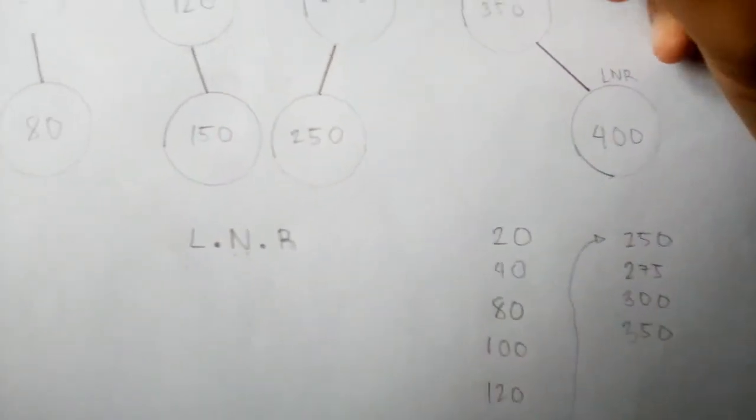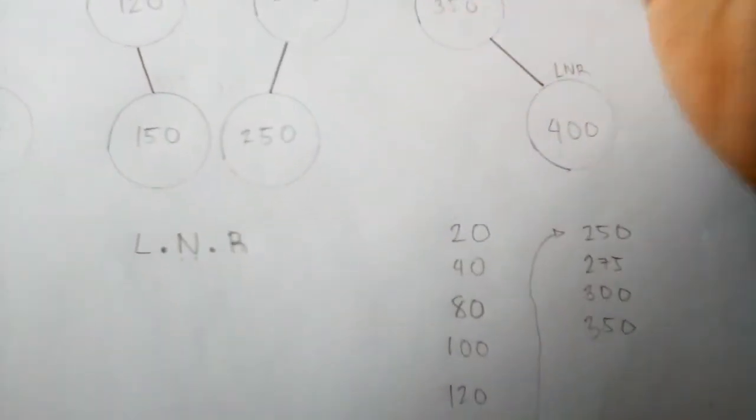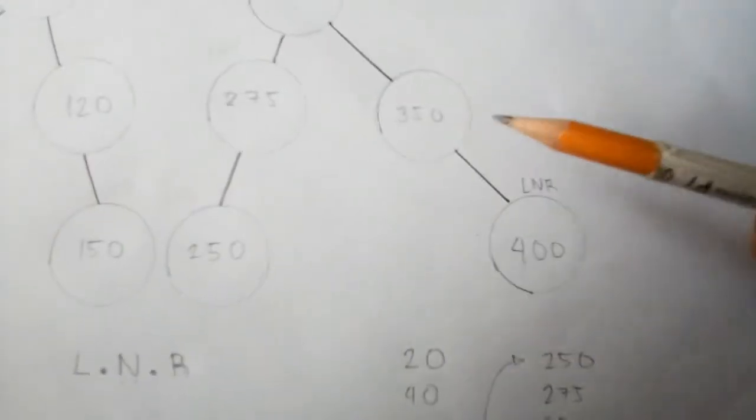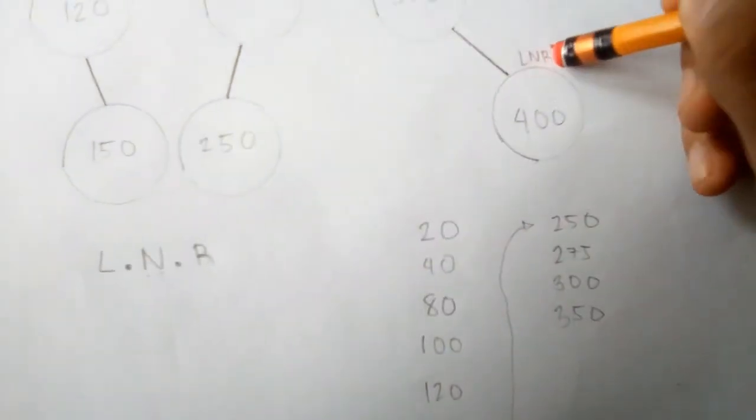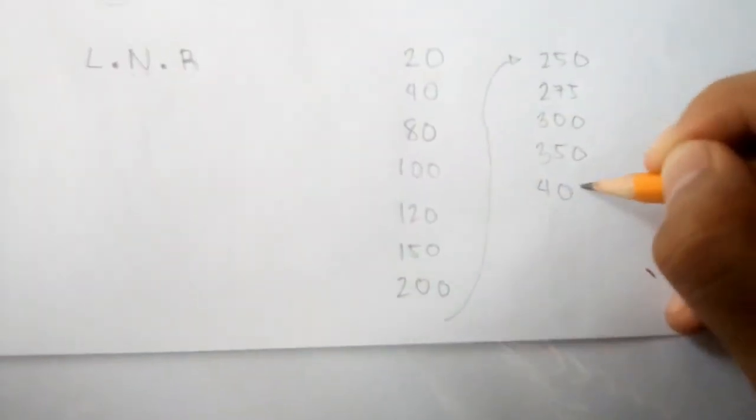Deleting R, the only value left is 400, and since it's the last thing, we delete it entirely because we are now done. So below 350 is 400.